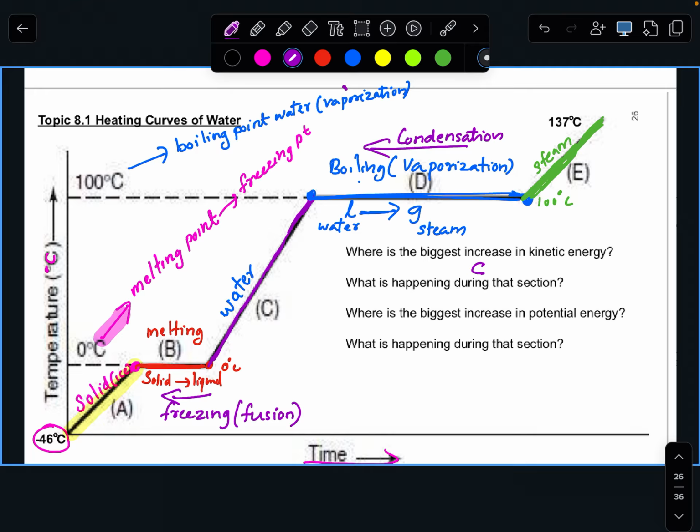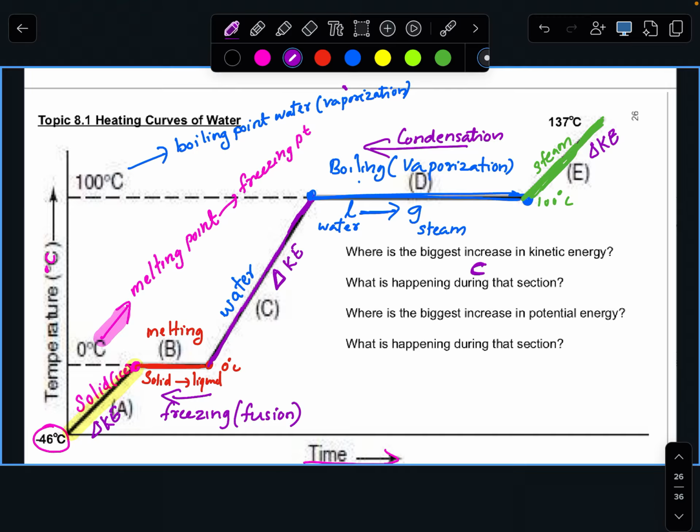And we know that if it is a slanted line, temperature is increasing. So I'm going to write this line: there is a change in kinetic energy, and that is a longer line. This is also a change in kinetic energy, and A is also having a change in kinetic energy, because all of these have a change in kinetic energy because of the increase in temperature.